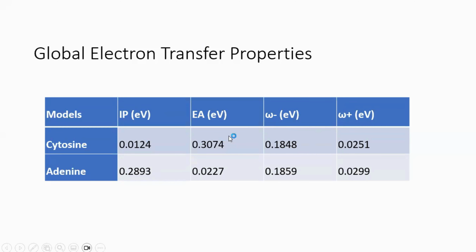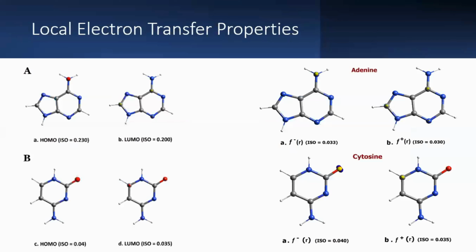Here you can see cytosine has a higher electron donating power when compared to the adenine. Omega minus is almost the same, right? So this explains why I'm getting different redox current at the electrode interface.